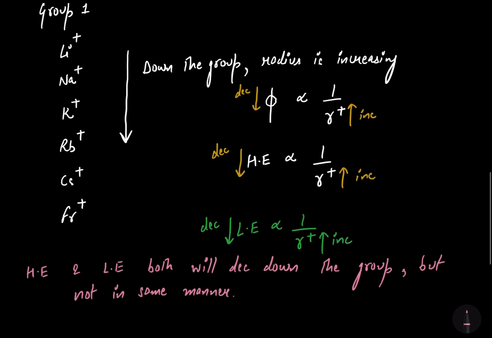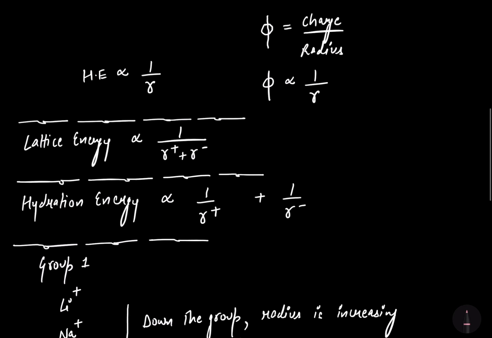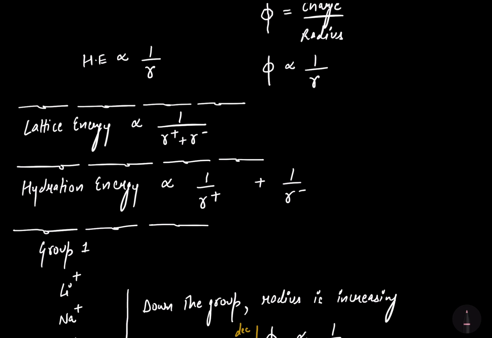I'm going to discuss this in detail in the very next lecture on solubilities of ionic compounds in group number 2, and will find out the solubilities of ionic compounds of group number 2 specifically.